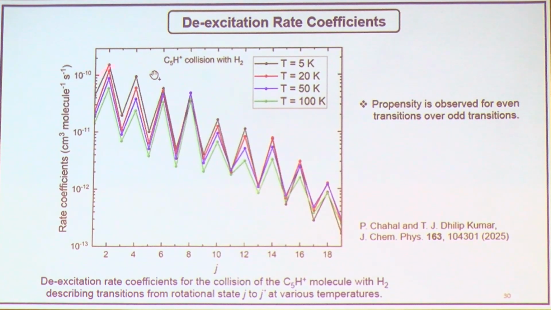You can see that the even values have a higher propensity compared to the odd J values. We observe this in both ortho and para hydrogen systems, and it is true at different temperatures, from 5 to 100 Kelvin.